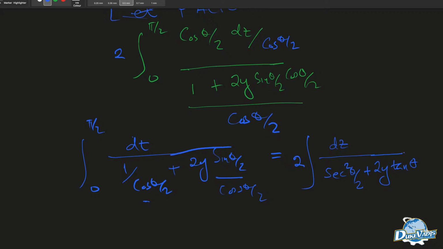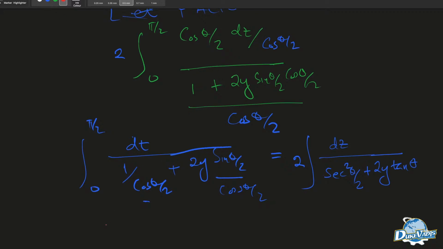Okay, it's looking very nice. This is how our equation is looking now. So if that is the case, let's bring it down here and write it well so we don't lose anything.